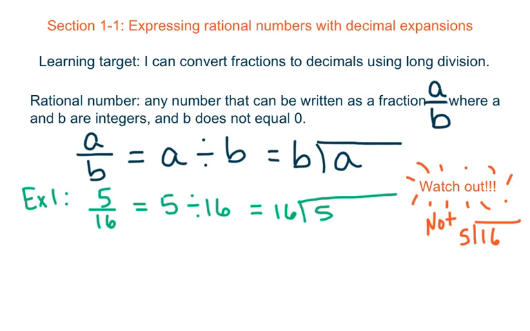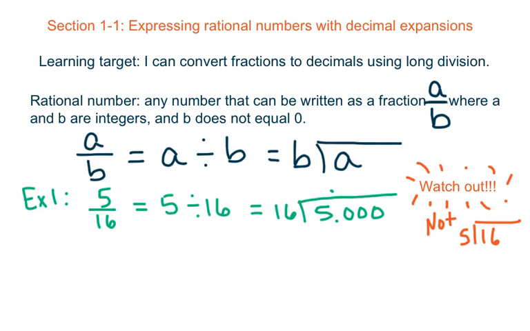Be sure not to switch those around. Alright, so when we're doing 5 divided by 16, we need to put a decimal point after the 5, which means I need to put one on the top, add some zeros, and it doesn't matter how many zeros you add, we can always add more if we need them.